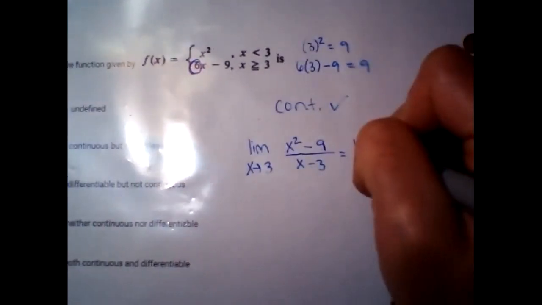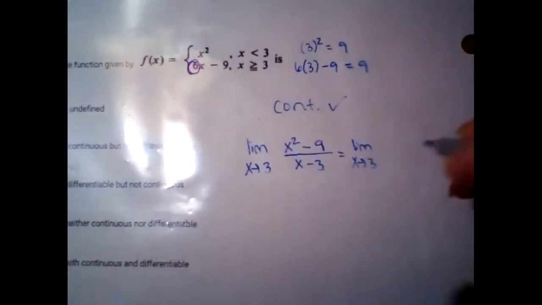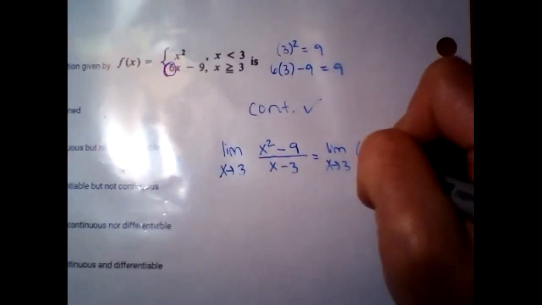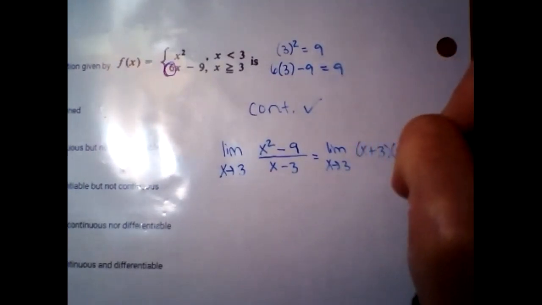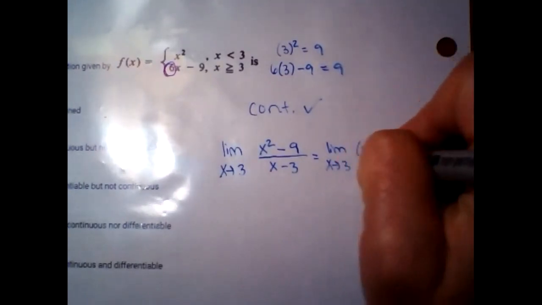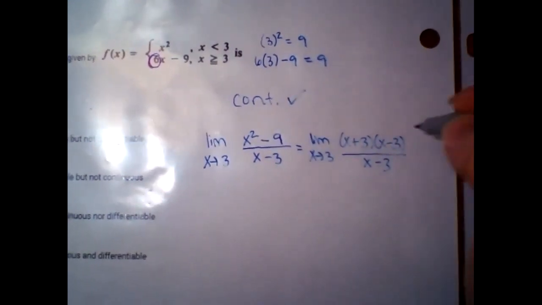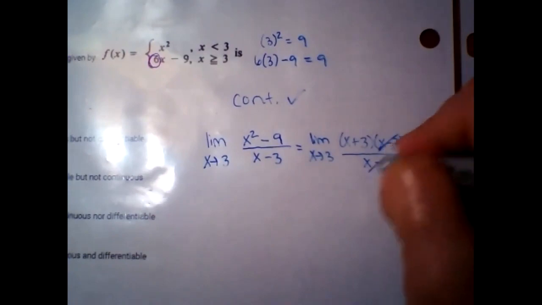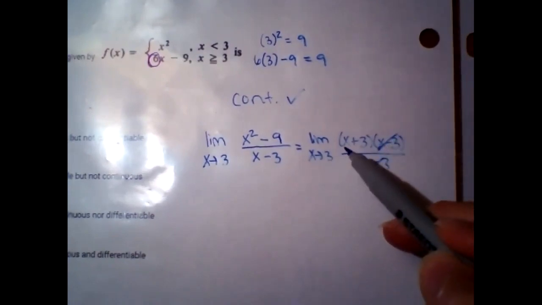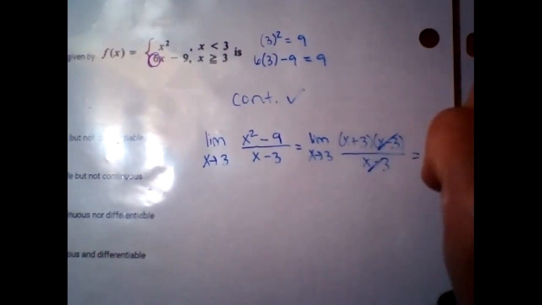And I'm going to have to factor that. So that will split into x plus 3, x minus 3. And so the x minus 3's are going to cancel. And if you plug in 3, 3 plus 3 gives you 6.